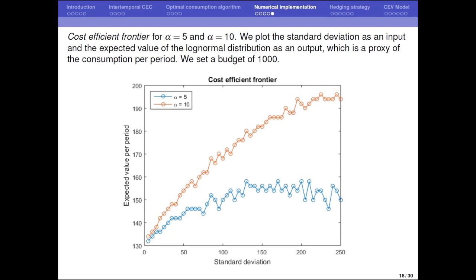We perform what we call the cost-efficient frontier, and that is a plot of the relation of the standard deviation and the expected value per period. So we have a budget of 1,000, and we have 10 periods.